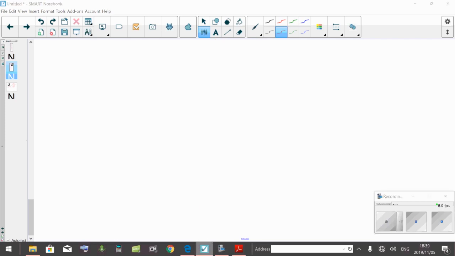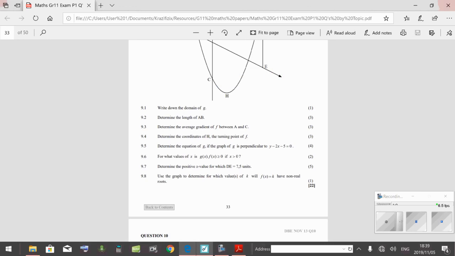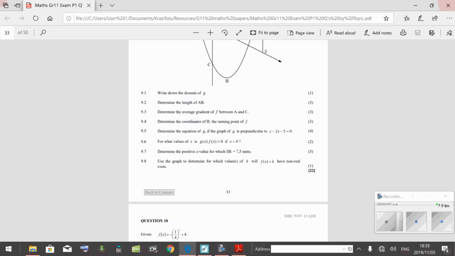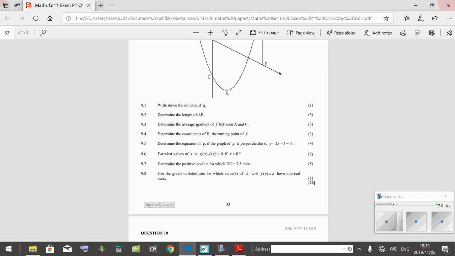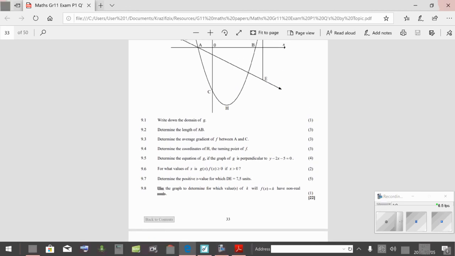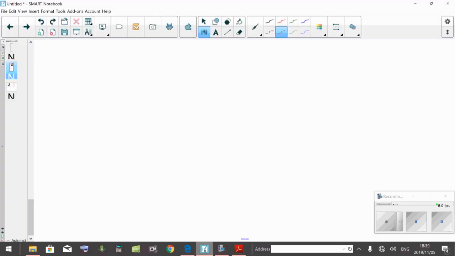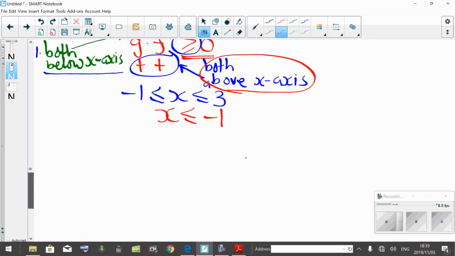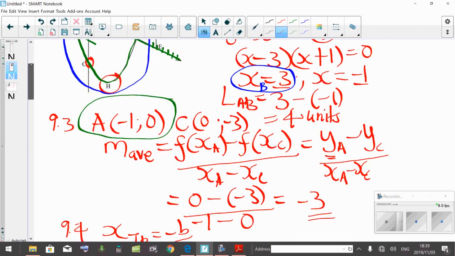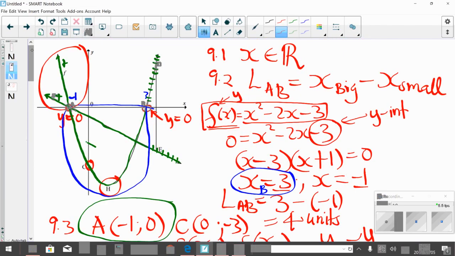Moving on. The next question says, determine the positive x value for which DE is 7.5 units. Positive x value, DE, 7.5 units. Let's go back to our graph. We have DE.